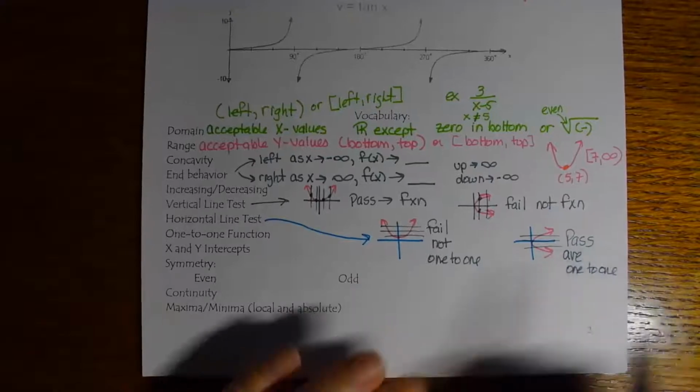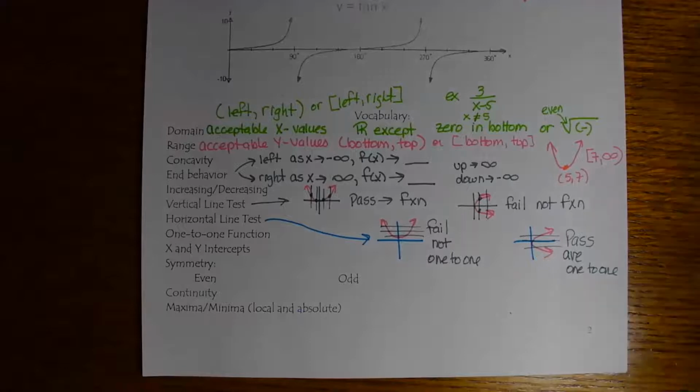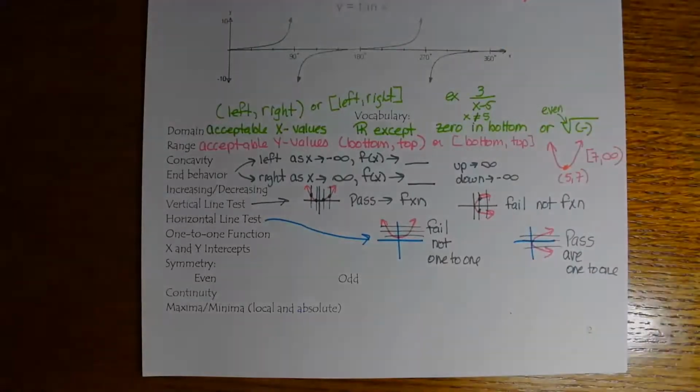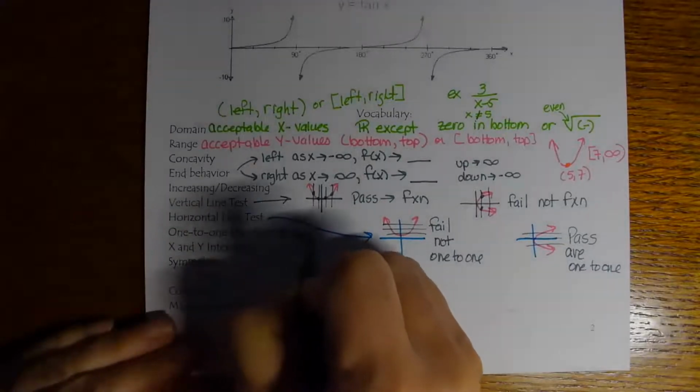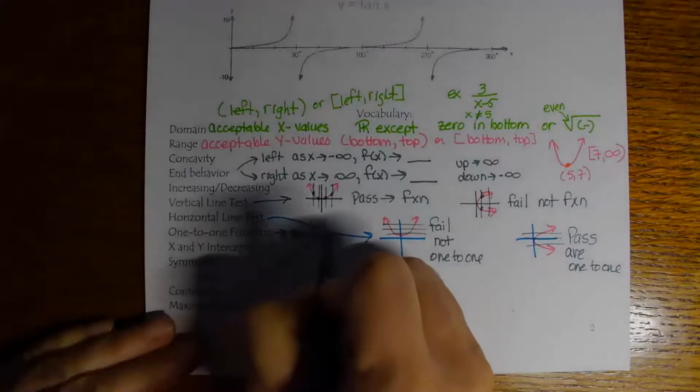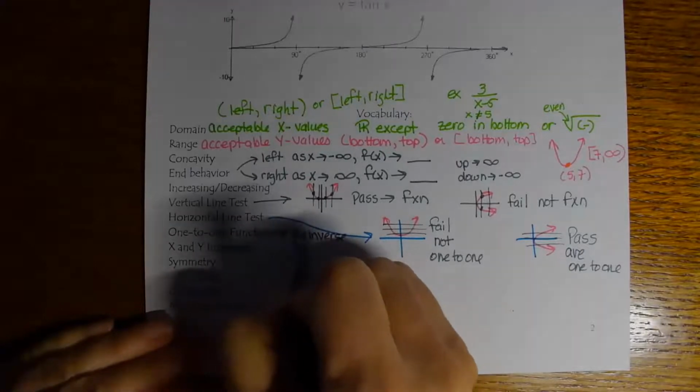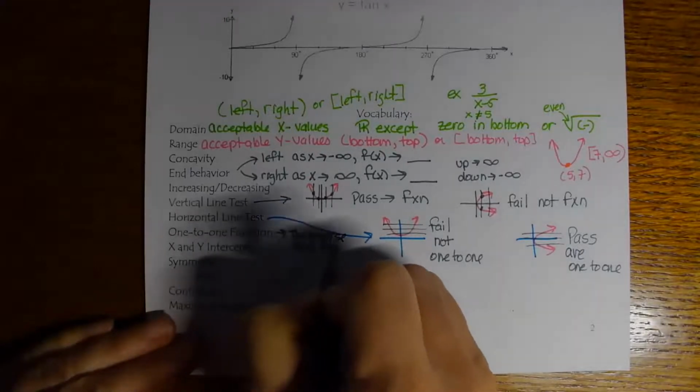One-to-one. Which brings us to the question on your mind now. What does one-to-one mean? One-to-one means the inverse is a function.